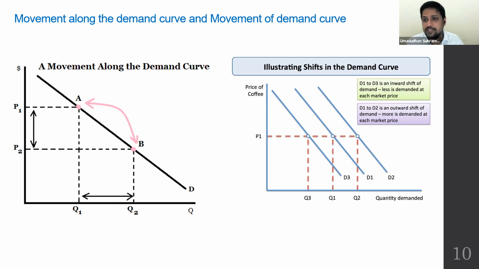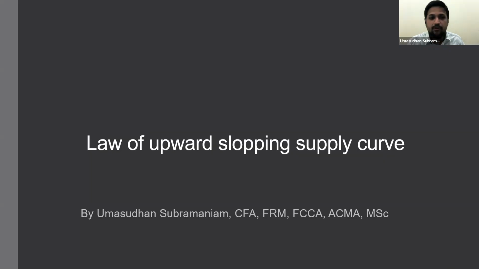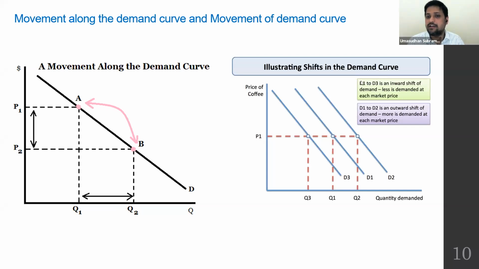In short term, in demand theory, we say only one factor determining the demand of a product is going to change. If price changes, other factors do not change. If one of the other factors changes, price does not change. Okay. That's about increase in demand, decrease in demand, shifts in the demand curve, and movement along the demand curve.